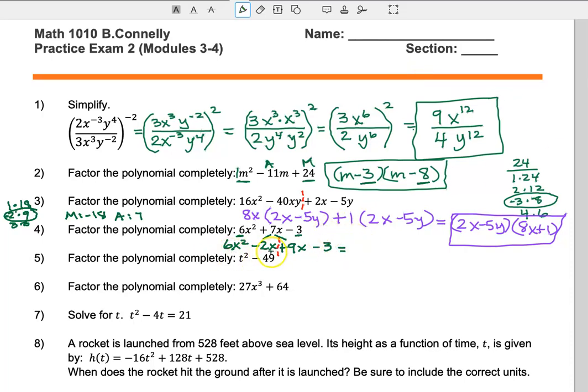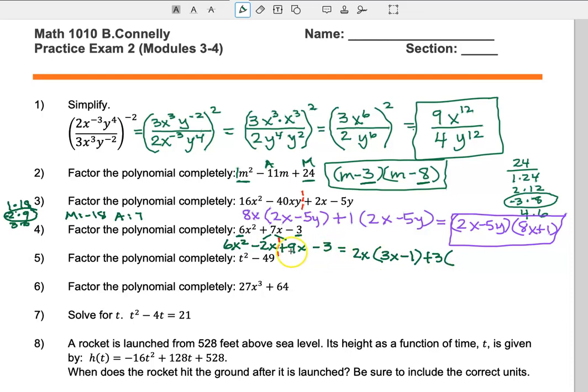Our greatest common factor of those first 2 terms is going to be 2x. And when I divide each part by 2x, I'm left with 3x. And then this one sometimes tricks people. Negative 2x divided by 2x is minus 1. All right, now let's look at the last 2. Our greatest common factor with 9x and negative 3 is going to be a positive 3.